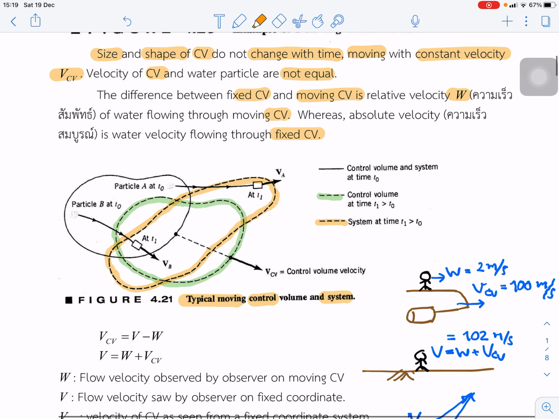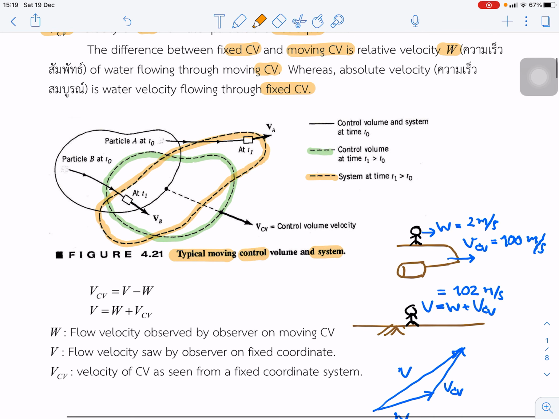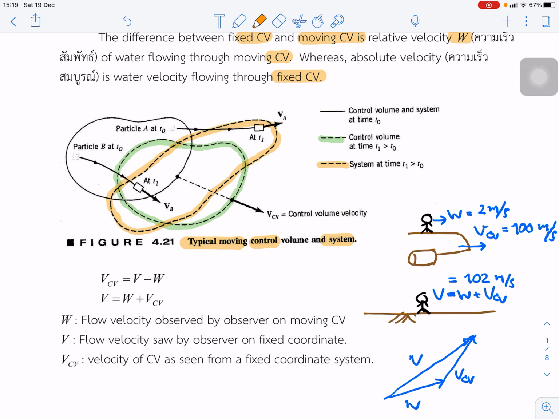You can see the moving control volume from the black line to the green line, and the yellow line is the system at time t1. So we can write the equation that the velocity of the control volume is equal to the absolute velocity minus the relative velocity, or the absolute velocity equals the relative velocity plus the velocity of the control volume.